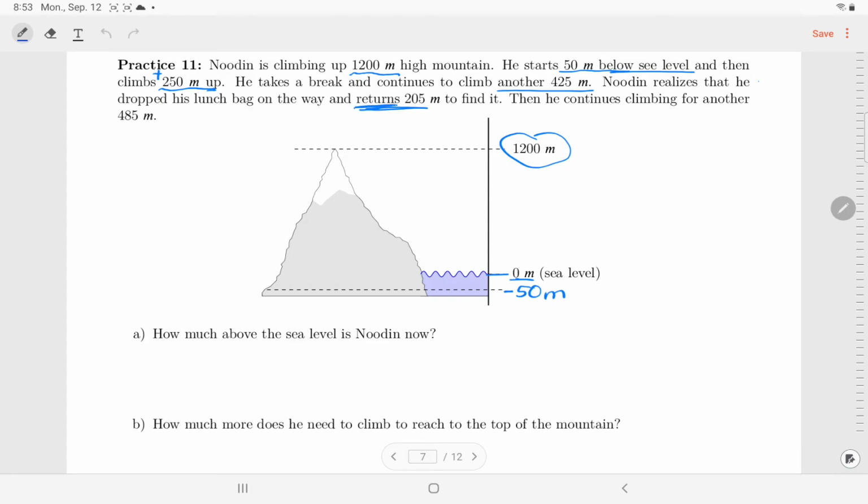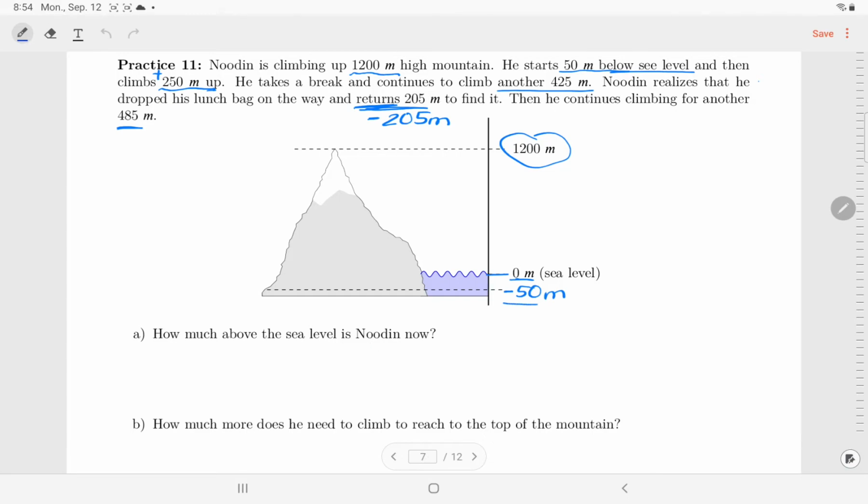Because he's returning, we need to subtract 205 meters or add a negative 205. Then he continues climbing for another 485 meters. Let's write an equation to find how much above sea level Nudin is now.